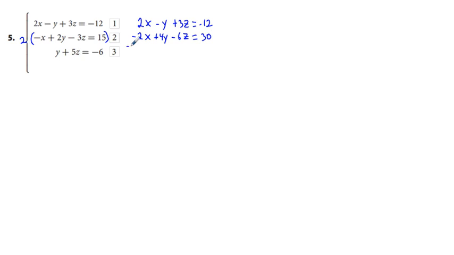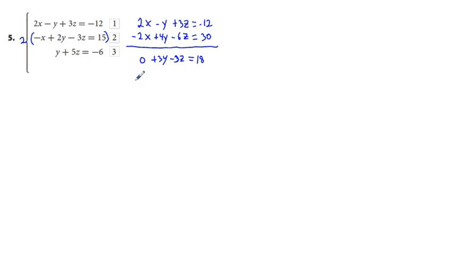And when we add these equations together, we get 0 from 2x minus 2x, and then negative y plus 4y is going to give us plus 3y, and then 3z minus 6z is going to be negative 3z, and then negative 12 plus 30 is going to be 18.